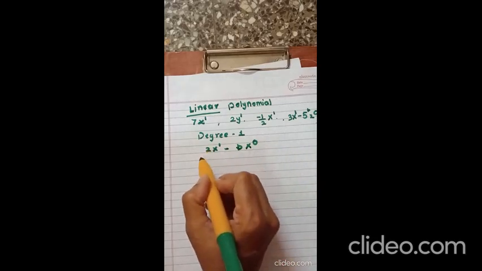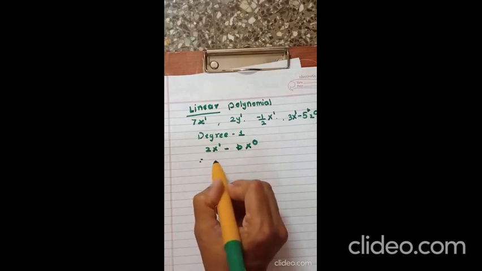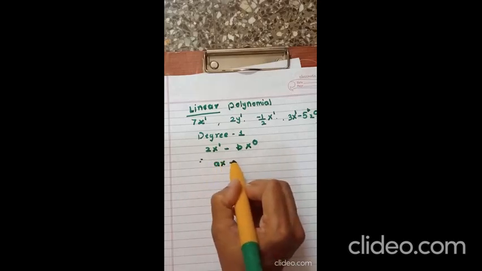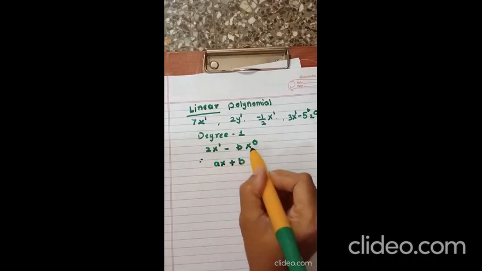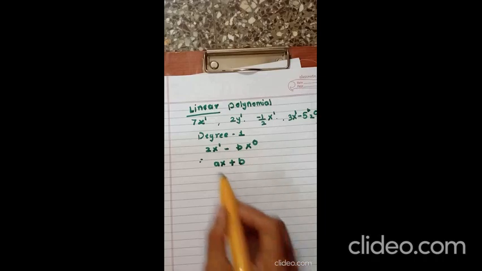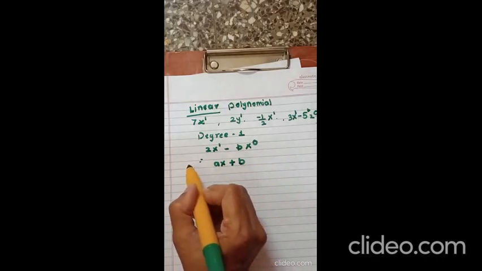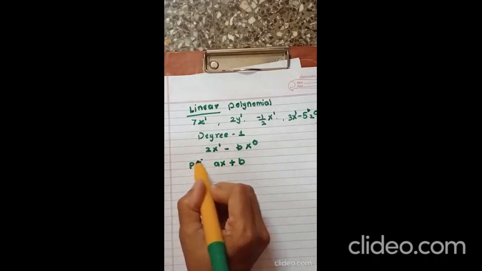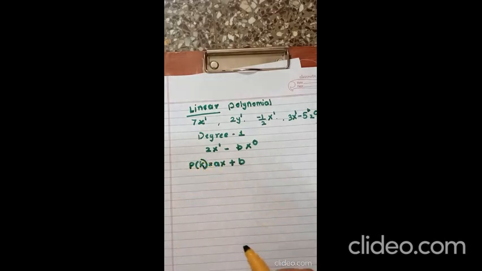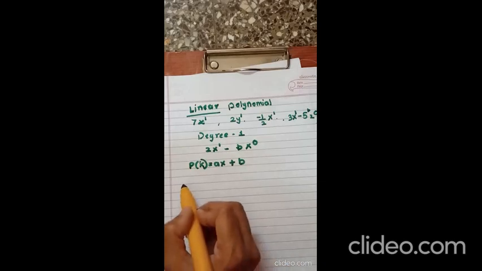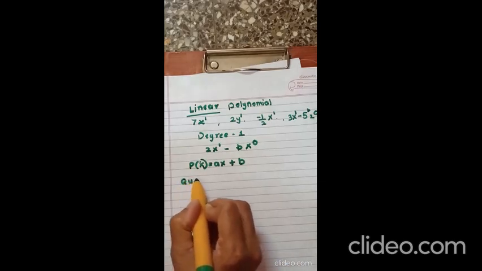So for example, I can say the general form of a linear polynomial will be p(x) equals ax plus b, where x raised to 0 is 1. Now what is a quadratic polynomial?